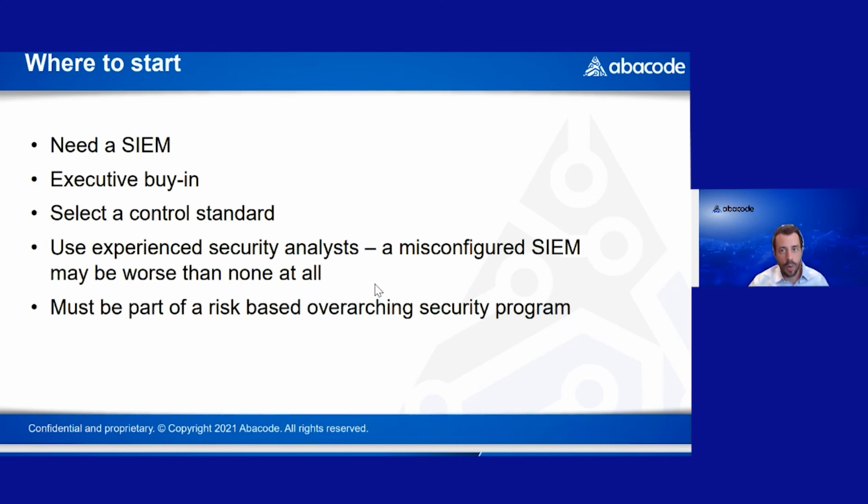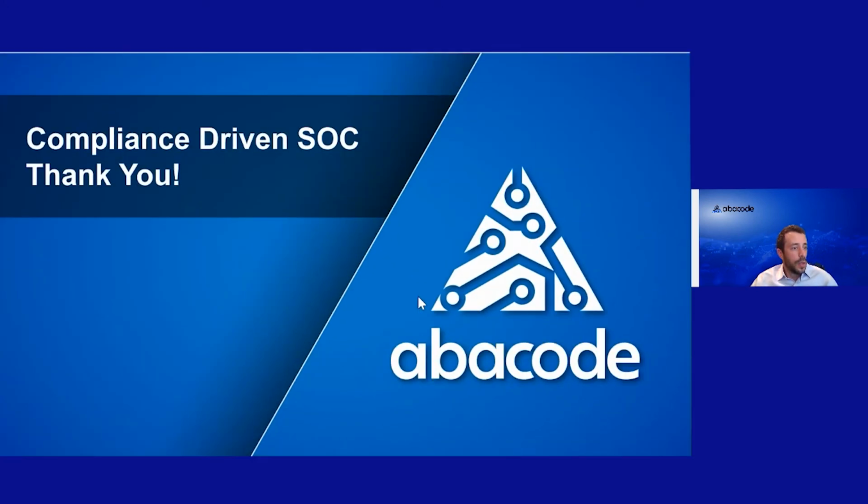But attacks are going to occur. You are going to face some kind of ransomware incident, some kind of breach over the course of your business. You have to be able to respond to them. So that is the end of our presentation, and we can take questions.